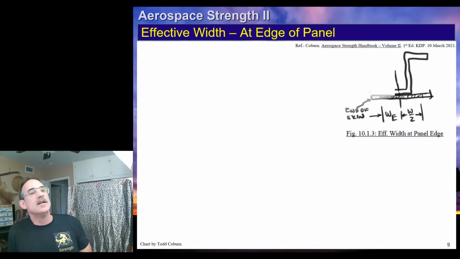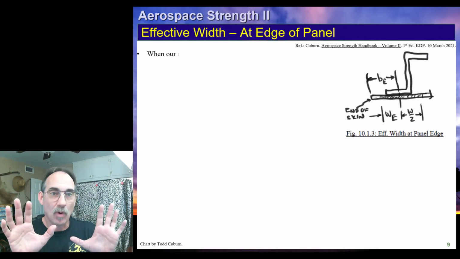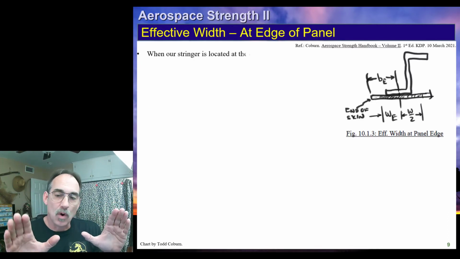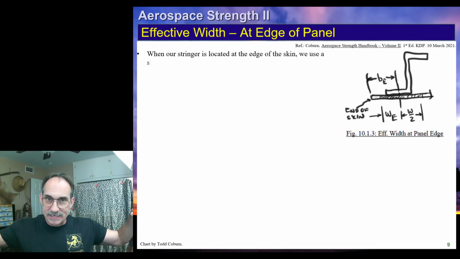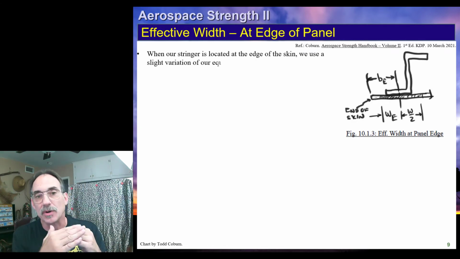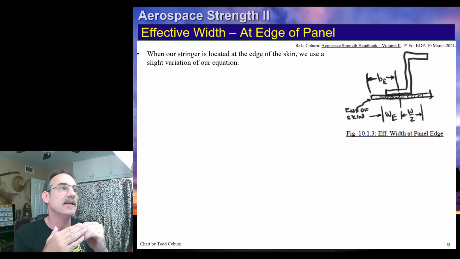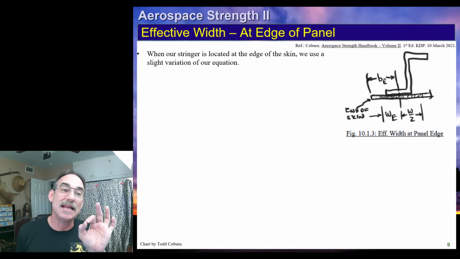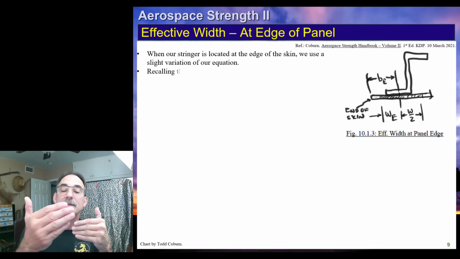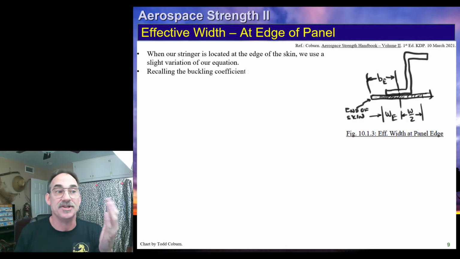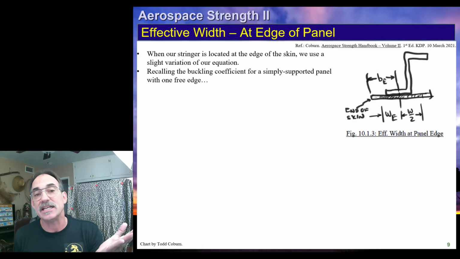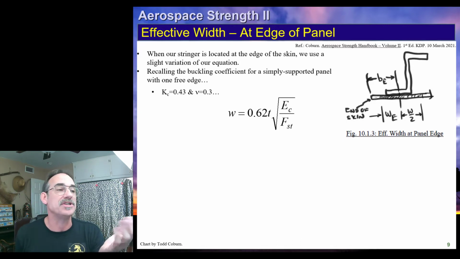All right. So one caveat before we move on. That was for stringers that are running through a continuous skin. If we actually have a stringer falling right at the edge of the skin, we can look at our plate buckling equation when we had 3 simply supported sides and 1 free edge. Because if the skin is ending there, then that skin may be free, and we're going to have a different buckling coefficient for that panel.